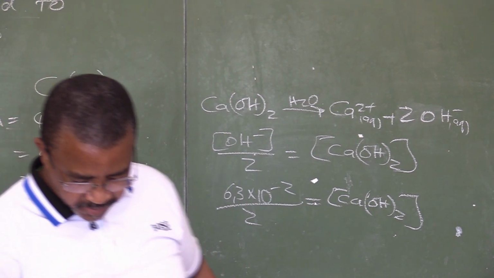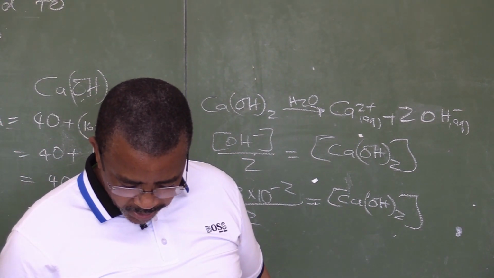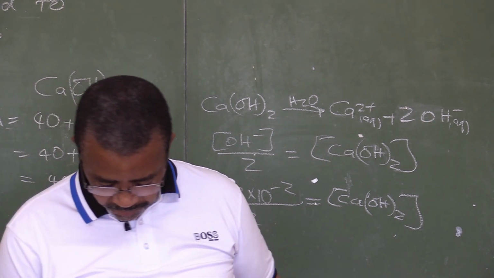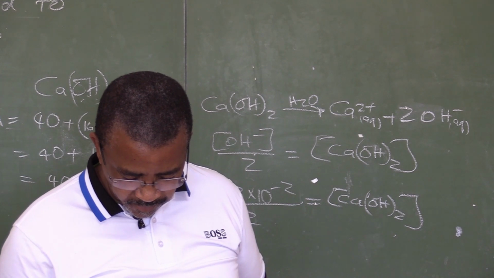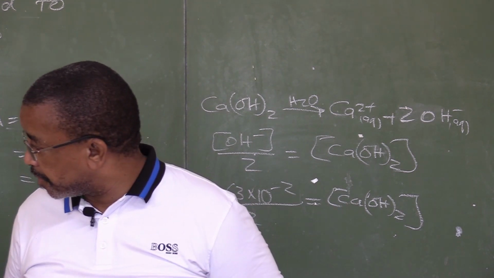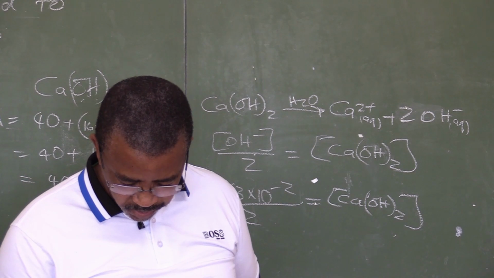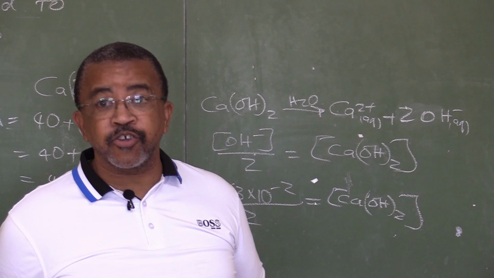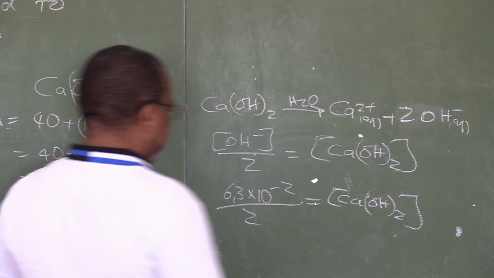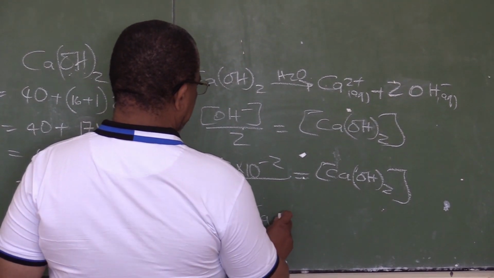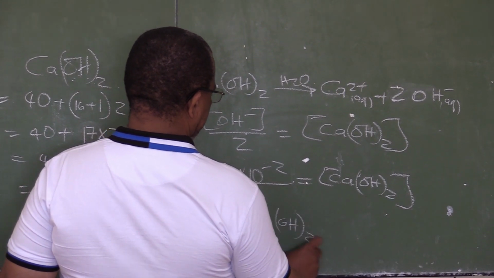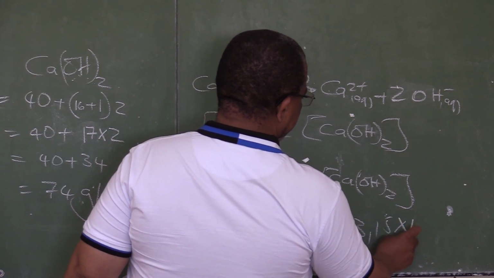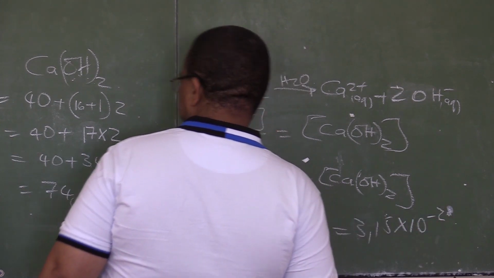Let us check. I get 3.15 times 10 to the power minus 2. So the concentration of calcium hydroxide is 3.15 times 10 to the power minus 2.